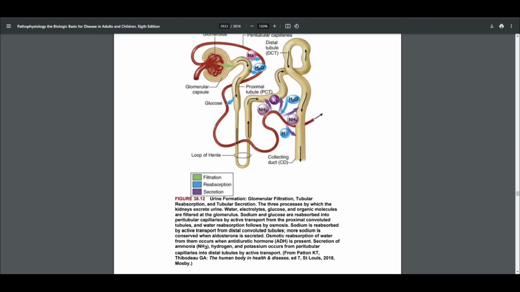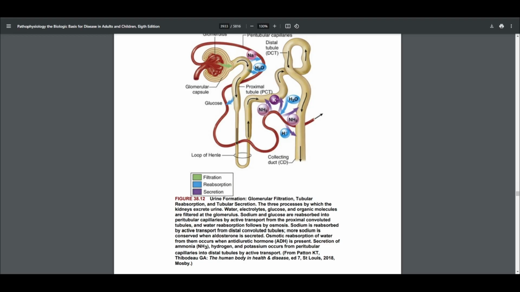So, urine formation: glomerular filtration, tubular reabsorption, and tubular secretion. The three processes by which the kidneys excrete urine. Water, electrolytes, glucose, and organic molecules are filtered at the glomerulus. Sodium and glucose are reabsorbed into the peritubular capillaries by active transport from the proximal convoluted tubules, and water reabsorption follows by osmosis.